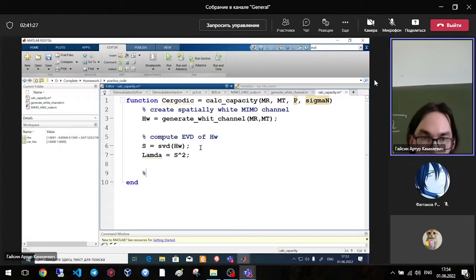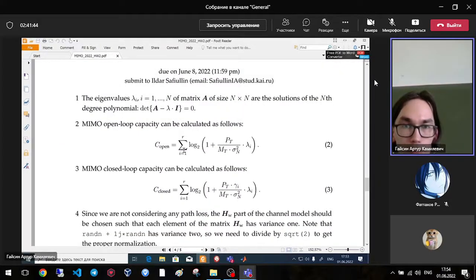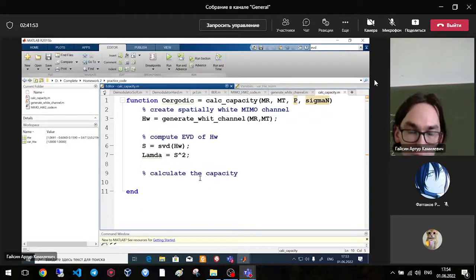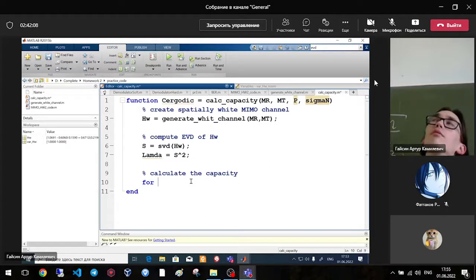Great. Next, let's calculate the capacity. In this case, we just need to sum over our values the logarithm base 2. So how can we do it? Maybe if we use sum. Okay, maybe let's write it as follows using the for loop.